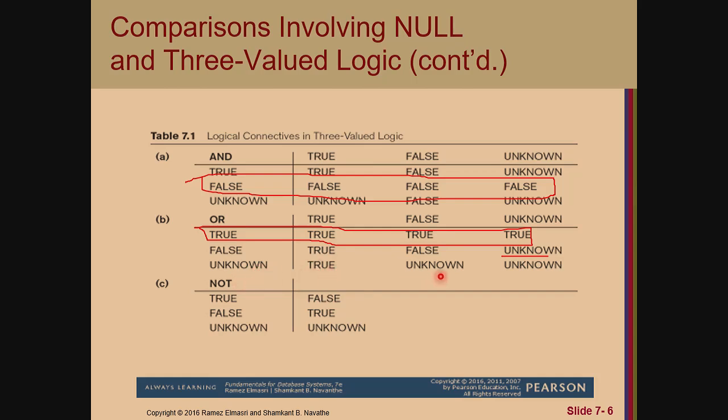Unknown or false, we get unknown. And about NOT. Okay, not true is false, not false is true, not unknown is unknown. So the most powerful for NOT is unknown.